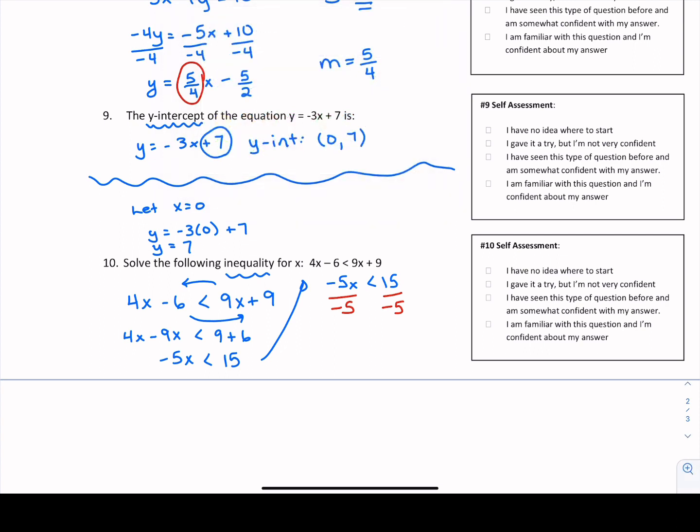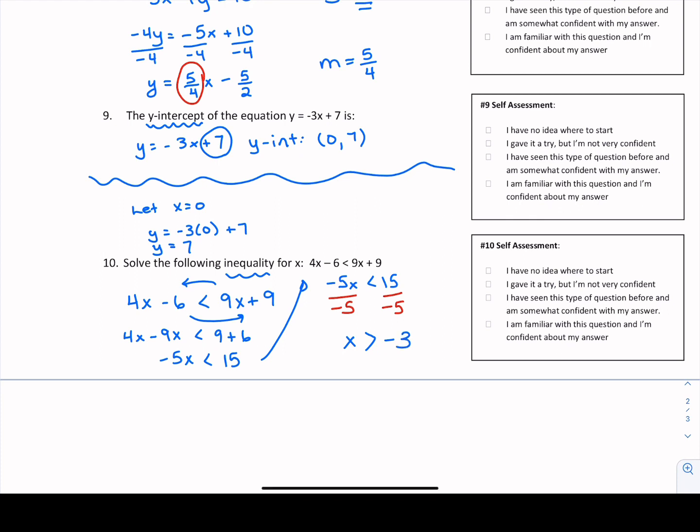When you multiply or divide by a negative number, the inequality actually has to flip. So we've got x, and instead of less than 15 divided by negative 5, we now need to flip that sign and say that it is greater than 15 divided by negative 5. And if we work that out, it's negative 3.